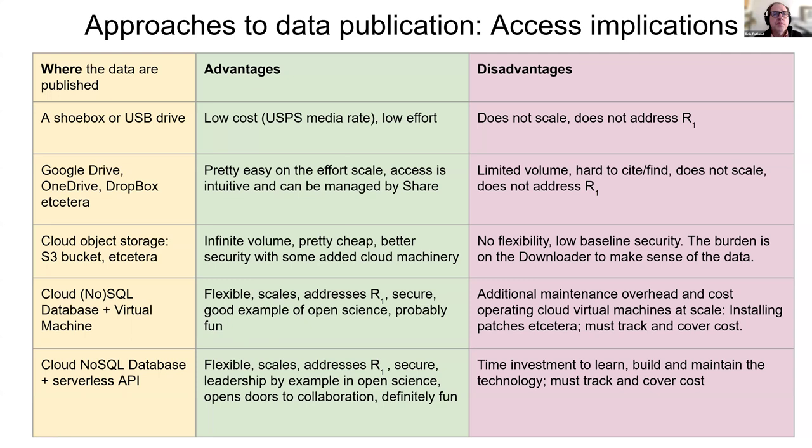Flexibility is probably the most exciting thing about this because it's all put together using code, and that means you can go back and change how you put it together in two months when you get some new ideas about how you want to change the way the data is served out. The downside is there is a big time investment to learn. And once you build a system on the cloud, because you pay for it as you use it, it's also important to be able to track and pay for the cost that you're incurring.